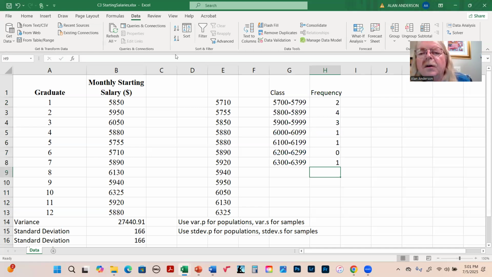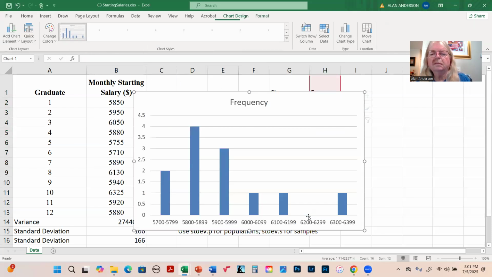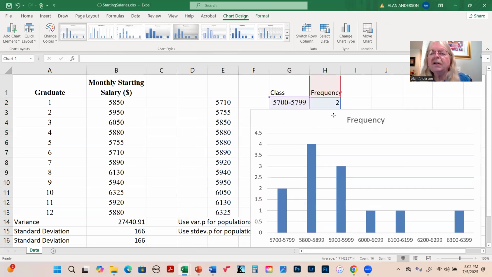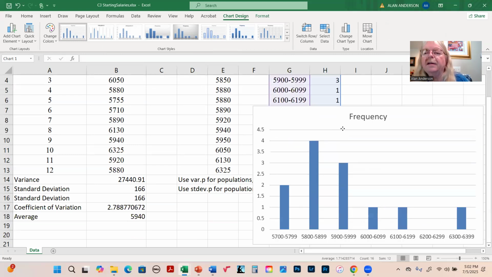So let's do a bar chart from this. And it kind of looks like this data is skewed to the right just by visually looking at it.